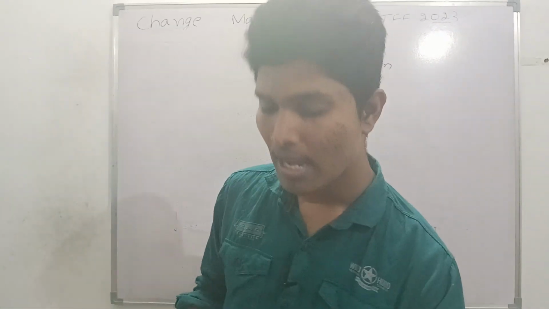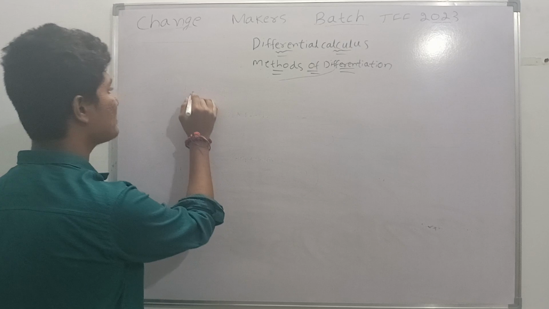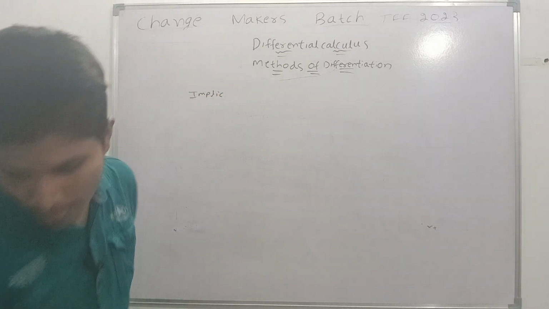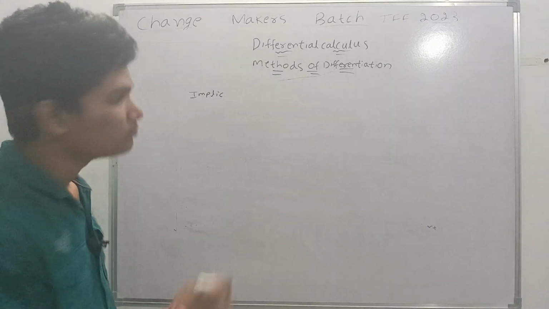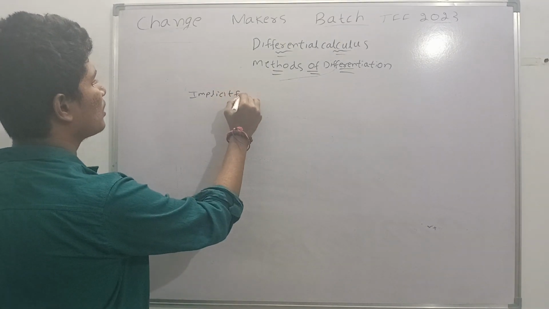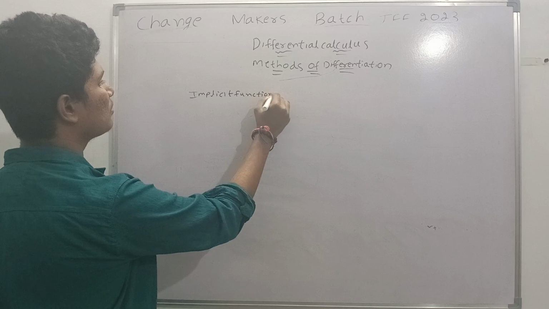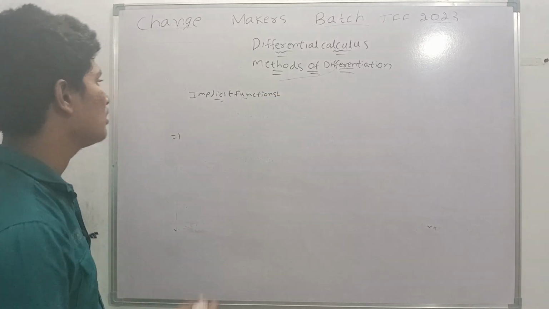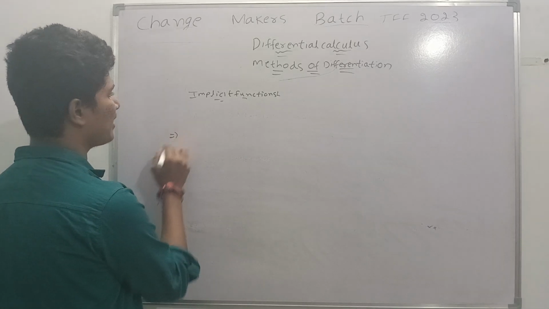And now let's discuss the derivative for implicit functions. You already know implicit and explicit, right? If you didn't know, I will explain now.